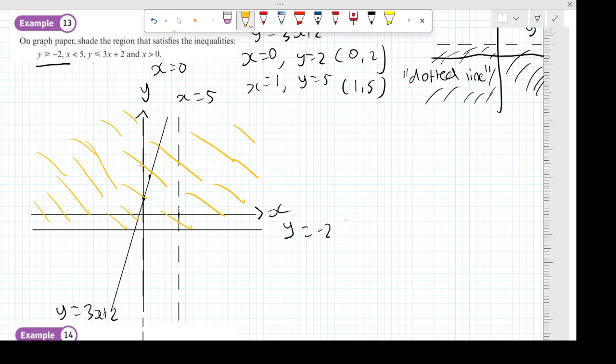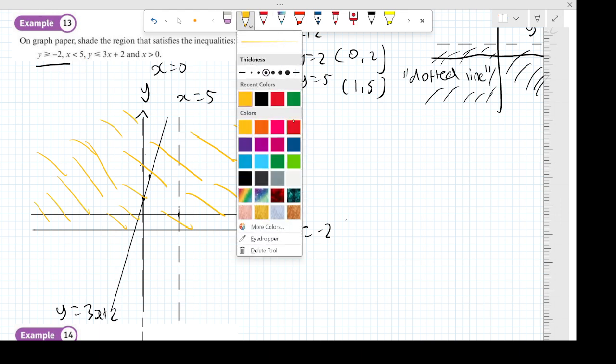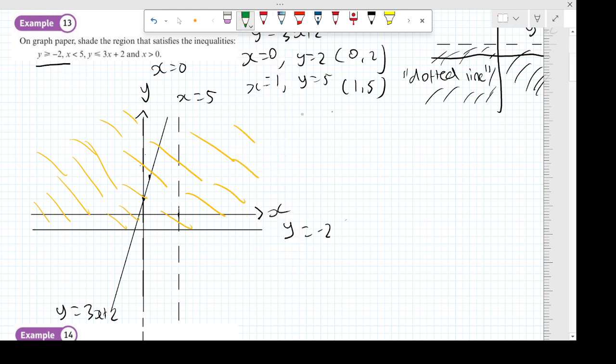Okay, and then the next inequality, x less than 5. I'm going to mark that with a different colour. Let's do green. There we are. x less than 5. So x is equal to 5 is here. If we want it to be less than 5, we want it to be on the left side of the line, because we want the x values less than 5.